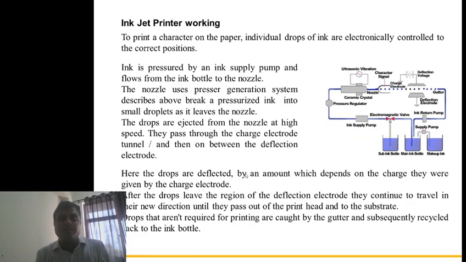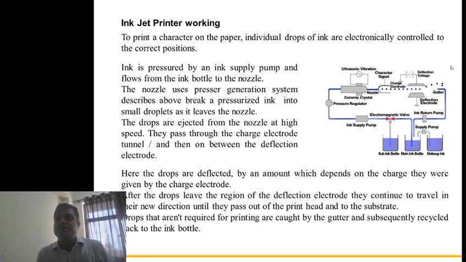After the drops leave the region of the deflection electrodes, they continue to travel in their new direction until they pass out of the print head and to the substrate. Drops that are not required for printing are caught by the gutter and subsequently recycled back to the ink bottle.